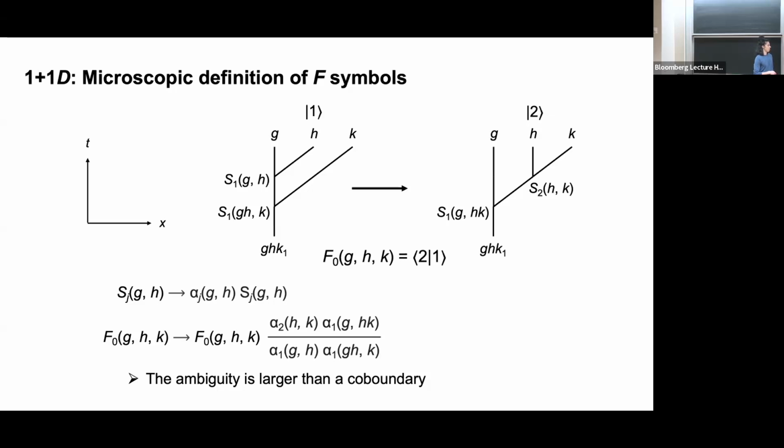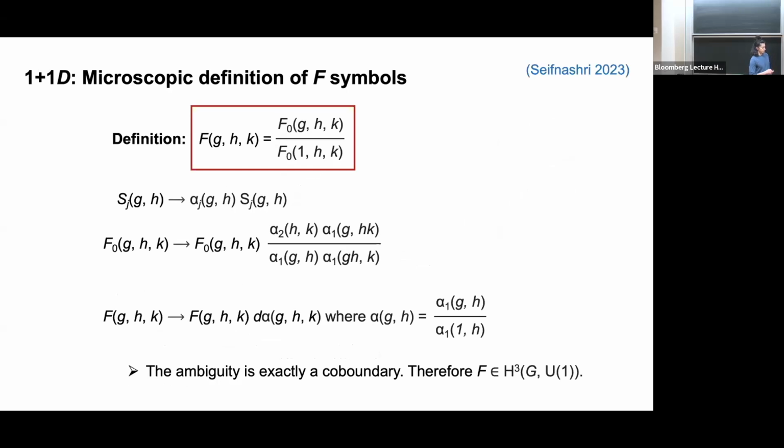So basically that's saying that F naught, the bare F symbol, does not correspond to some cohomology class, and so it's not the F symbol that we're after. So how do we get the true F symbol out of F naught? The solution is to use a very nice trick, which as far as I know was invented by Sahand.